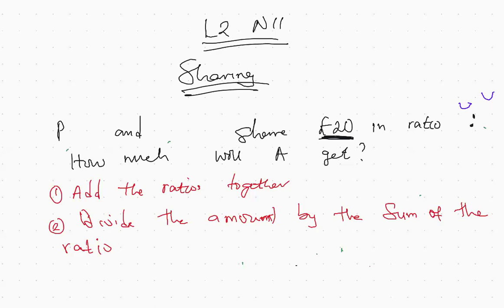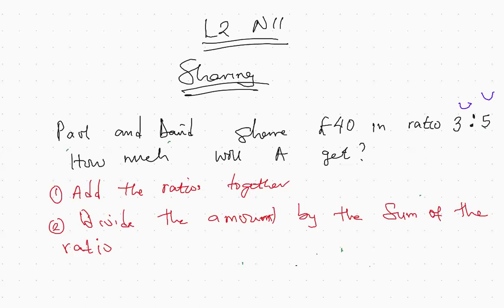So look at this one now. Paul and David share 40 pounds in ratio 3-5.